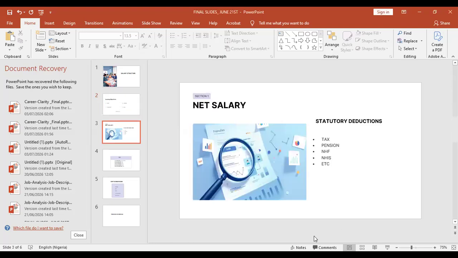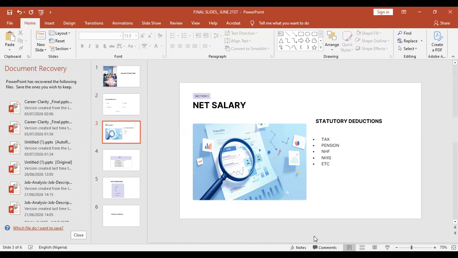So statutory deductions, we have tax, we have pension, we have NHF, National Housing Fund, we have NHIS, that's National Health Insurance Scheme, we have different statutory deductions, but these are the most popular ones. Not every organization has all of these. Sometimes some organizations just do tax, they don't have any pension.